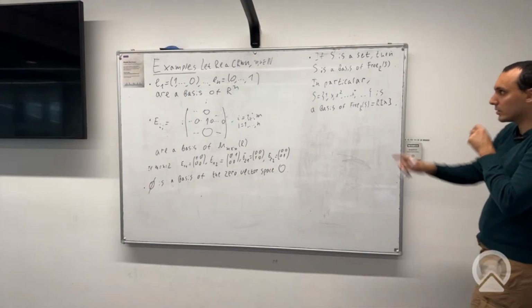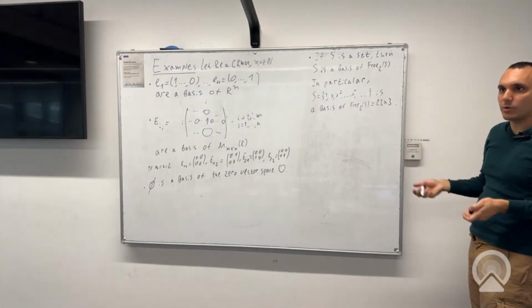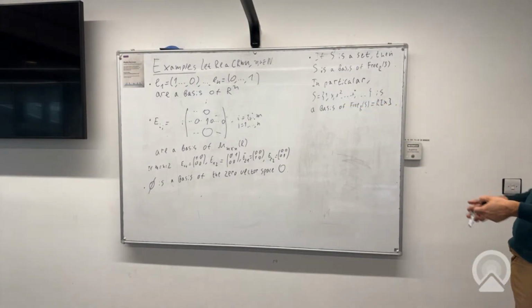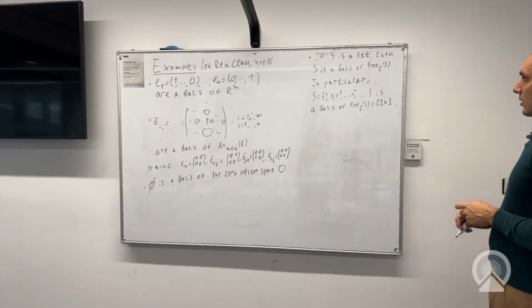So all the monomials form a basis for all the polynomials. Any polynomial is a linear combination of monomials.